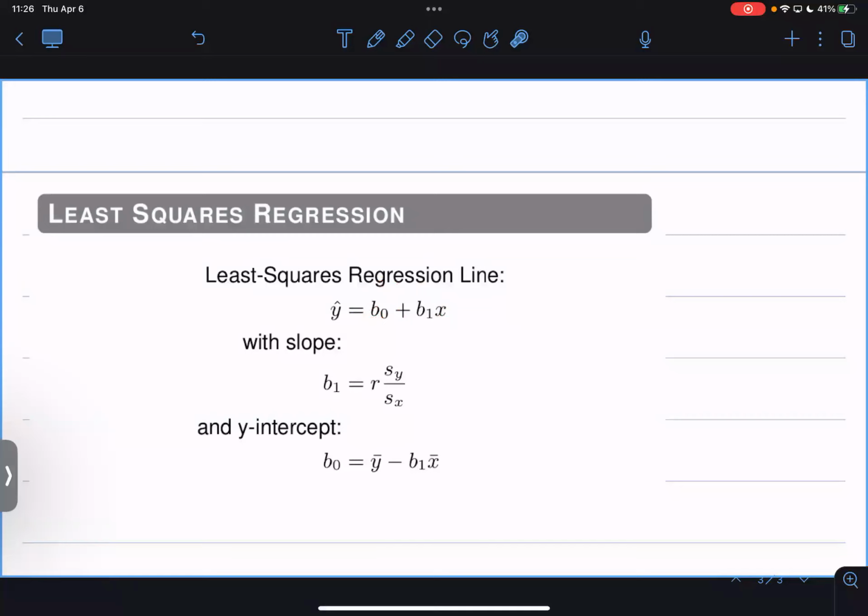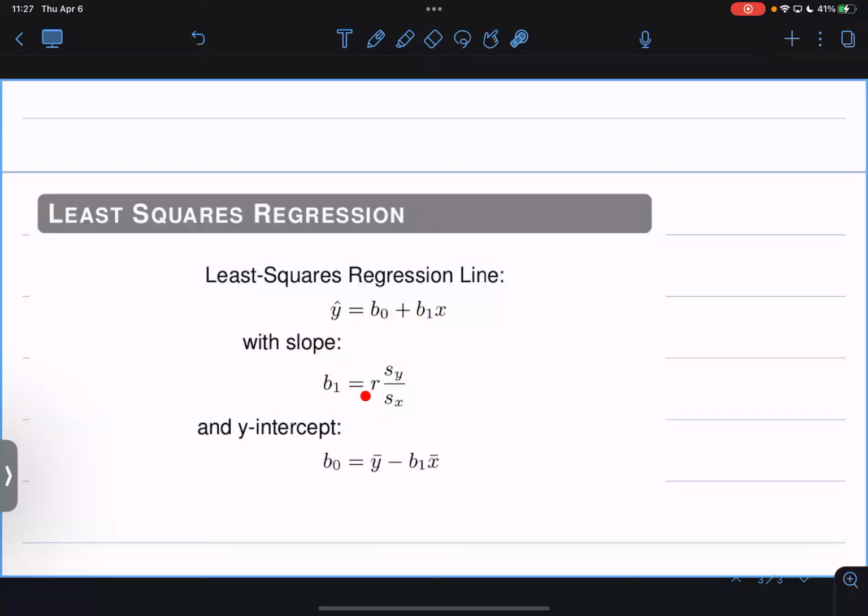I do want to talk about these components, but I also want to show you that it's all on your formula sheet, right? So the least squares regression line is going to look like this. I tell you that B1 in this equation is the slope. How you're going to find it is by taking that correlation. So you're going to get a negative slope if you have a negative correlation, and a positive slope if you have a positive correlation.